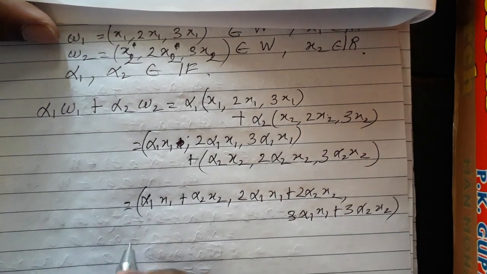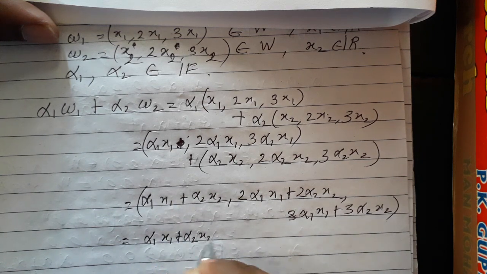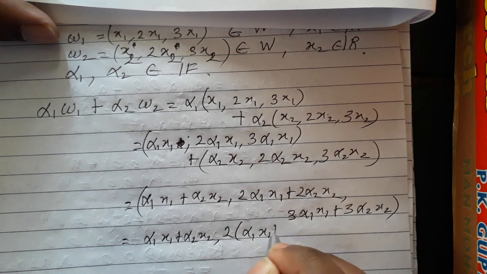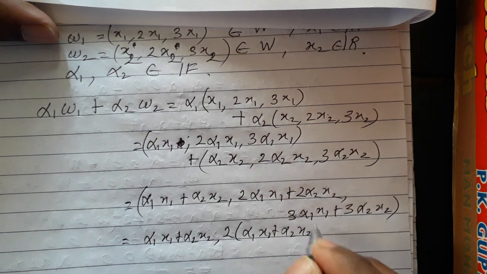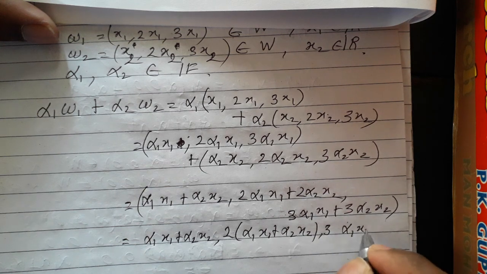So here we get what? Taking 2 common, we get alpha 1 x1 plus alpha 2 x2, comma 2 times alpha 1 x1 plus alpha 2 x2, comma 3 times alpha 1 x1 plus alpha 2 x2.